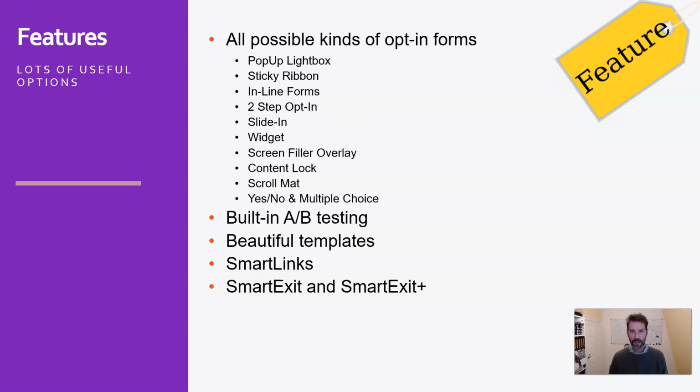And another very smart tool, the name says it all, is Smart Exit and Smart Exit Plus. To start with the latter, Smart Exit Plus means you can, for example, if you set a timer on your opt-in and you want it to appear after 20 seconds, but somebody decides to leave your site earlier, then they will see this exit intent pop-up to keep them and maybe trigger them to enroll on your email list.